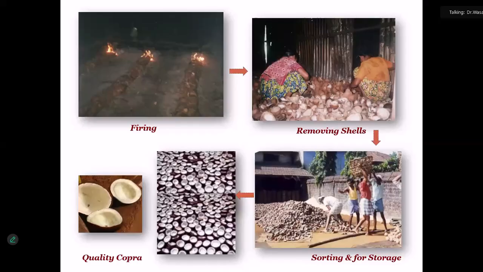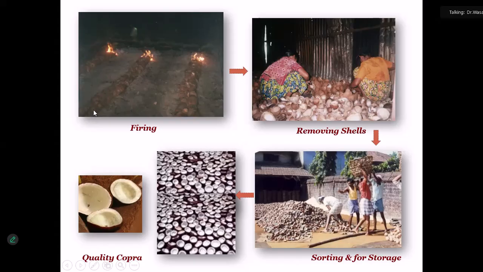Below the shallow pit, around 1 meter distance, they are stacking coconut shells, laid continuously together. What they do is fire from one corner. This fire will take around 4 to 5 hours to reach the other end.